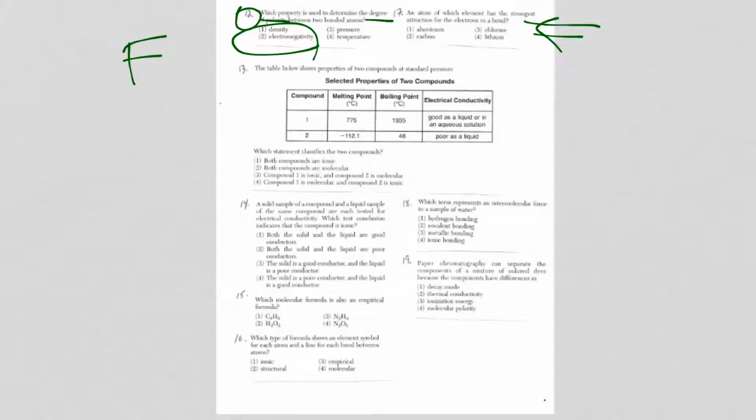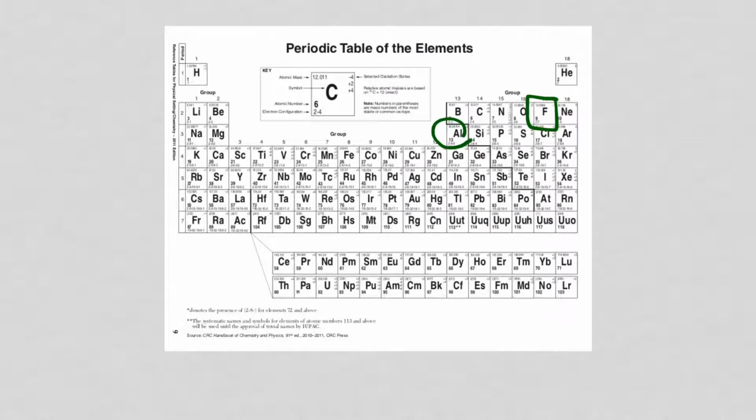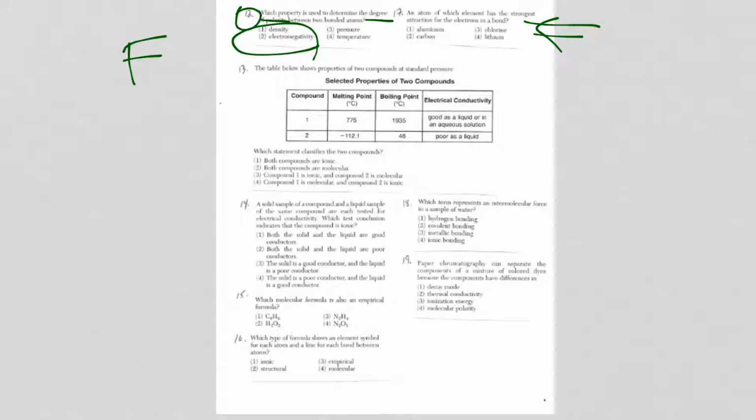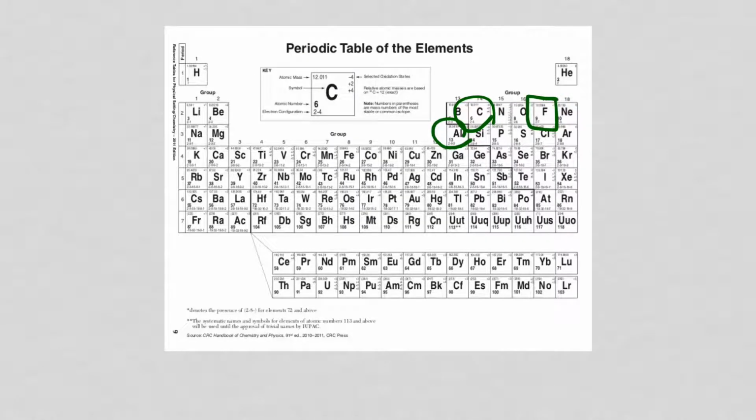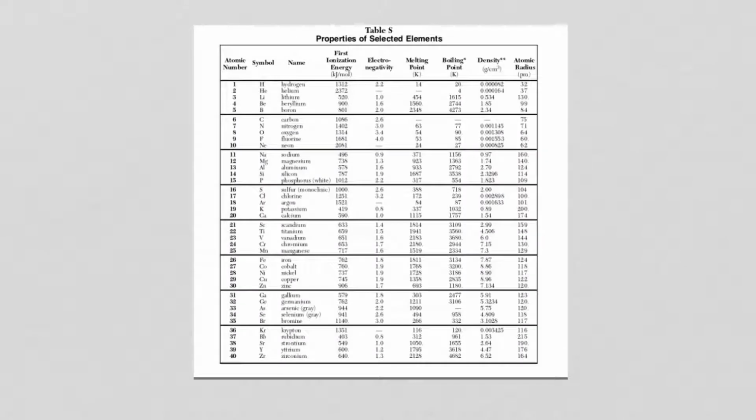And of the four choices, aluminum, carbon, chlorine and lithium, I think it's pretty clear that chlorine is the answer. It's closest to fluorine. But if you want to make absolutely sure, the other thing that I want to remind you of is that electronegativity, all of the values are on reference table S.